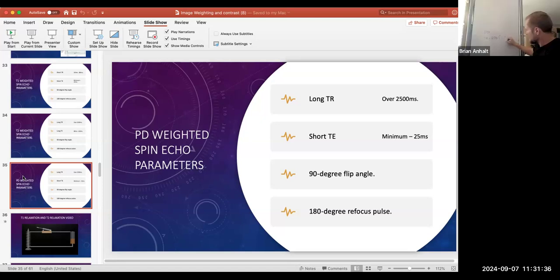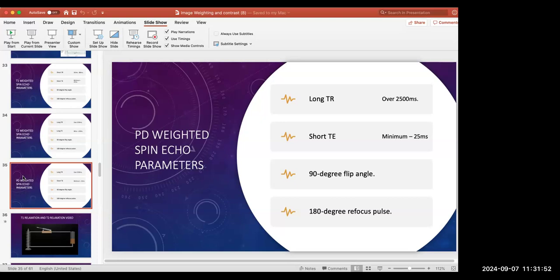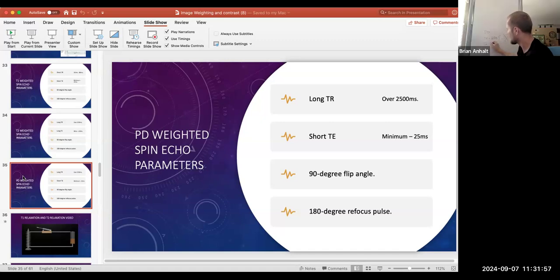You take my T1 and get rid of it. And how is it getting rid of? By allowing for full T1 recovery to happen. What do we want our TE to be? 0 to 25, right? We want to not allow for T2 decay to happen. And what does that do? Minimizes our T2 contrast.